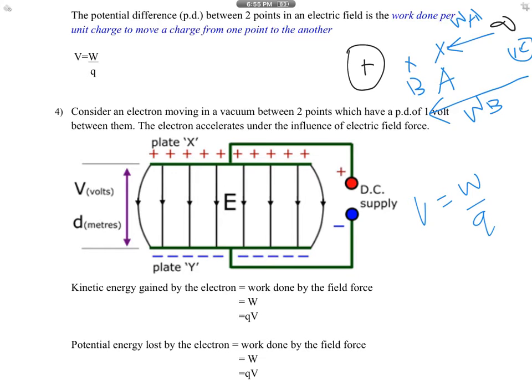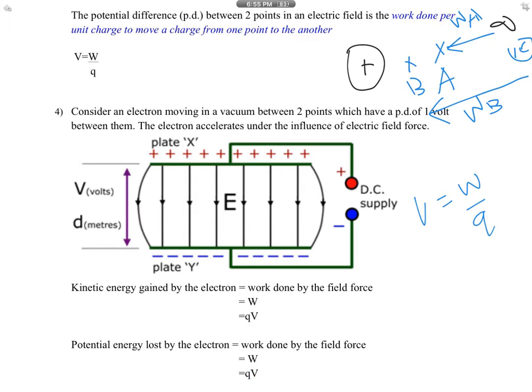So by modifying the formula, you will get W equals QV. So it could be KE gained by the electron or KE lost by the electron equals QV, because you just bring the Q over. Or it can be a gain or loss in PE, also W equals QV. Usually if you lose KE you gain PE, and if you gain KE you lose PE. So you can use this formula W equals QV.